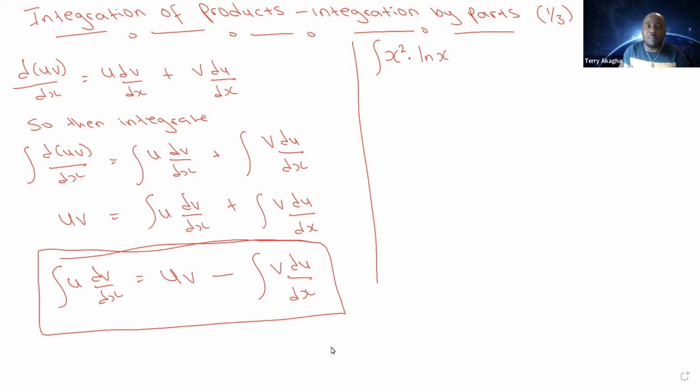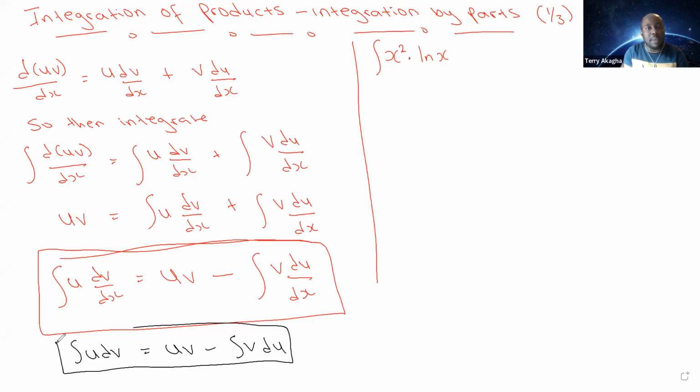Some textbooks will write it this way just to make it easier: the integral of u dv is equal to uv minus the integral of v du. Can you see? They are all the same thing. This is another easier way of writing that. Is that okay?